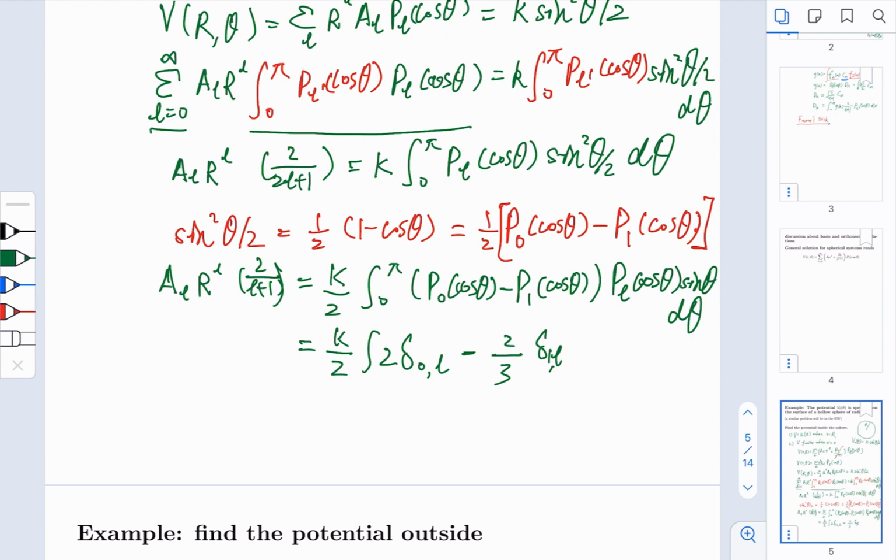And this delta 0L is the Kronecker delta that you've learned in the exercise class in the first week, I think. So if you go to that week, then you should be familiar with that. So the general property of that is delta n n prime equals 0 if n is not equal to n prime, and equals 1 if n equals n prime.